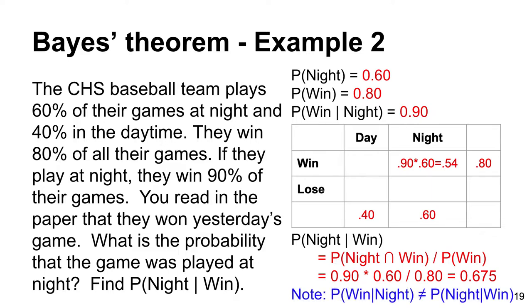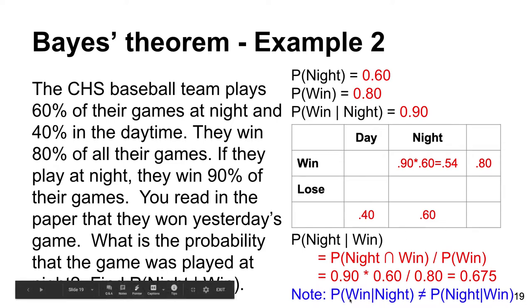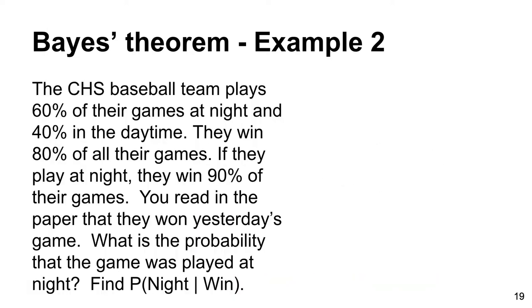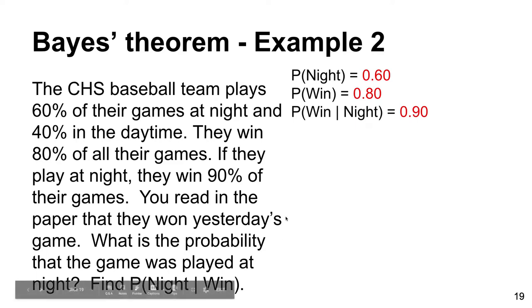Okay, and notice this, the probability of winning given they played at night is not equal to the probability they played at night given they won. So in this fact situation, the problem gives you two marginals and one conditional, such as the probability they win given they played at night, and they're going to ask you to find the probability they played at night given they won.